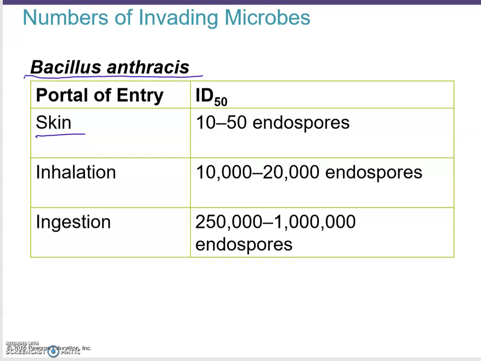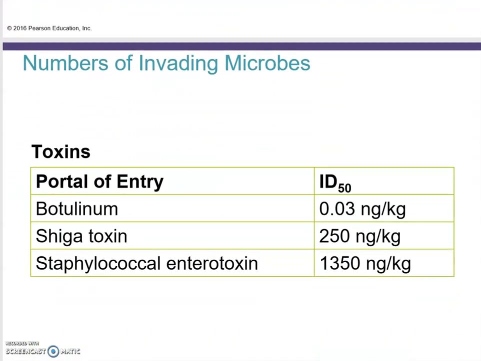By inhalation, it would take 10,000 to 20,000 endospores. And via your gastrointestinal tract, by ingestion, by eating those endospores, it would take 250,000 to 1,000,000 in order to produce an infection in 50% of your sample population.